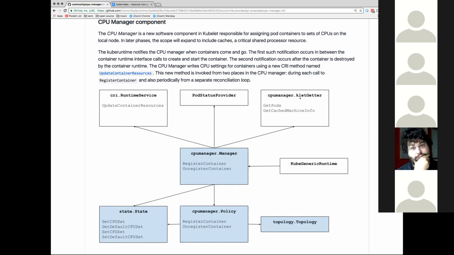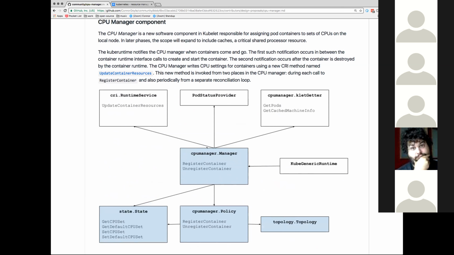And then there's an internal interface that abstracts just a couple of methods from the kubelet to get the machine info. So we're using cAdvisor's existing CPU discovery mechanisms to populate a topology construct inside the CPU manager. And also we use it to get pods.